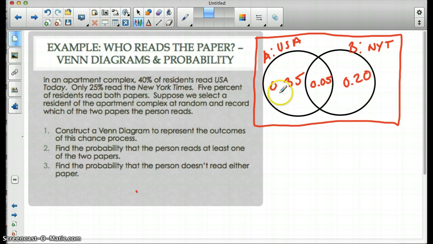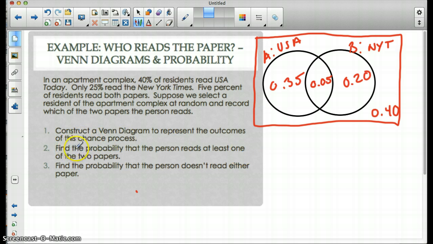Remember that with probability, everything has to add up to 1, and we don't have a total of 1 yet, so let's take care of that. So 35 and 5 is 40, and 20 is 60, and now to find its complement, 1 minus 60 is 40%, and so it's 0.40 on the outside.